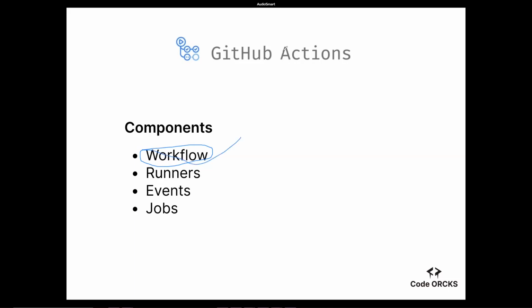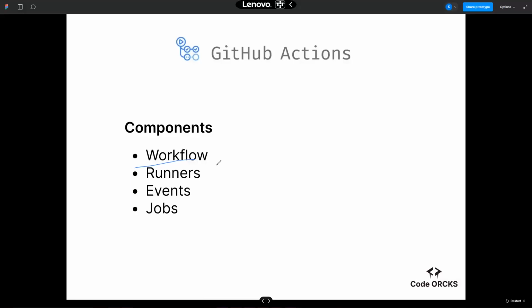Let's come down to the runners. When you write code, you push your code to a remote repository. It might be GitHub, it might be Bitbucket, it might be GitLab. But as the title suggests, we are working with GitHub. So once you push your code to GitHub, this GitHub Action runs on GitHub. GitHub has a farm of computers that helps you run all these jobs or all your instructions from their end.